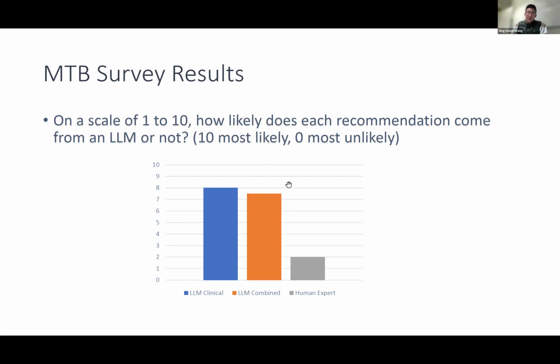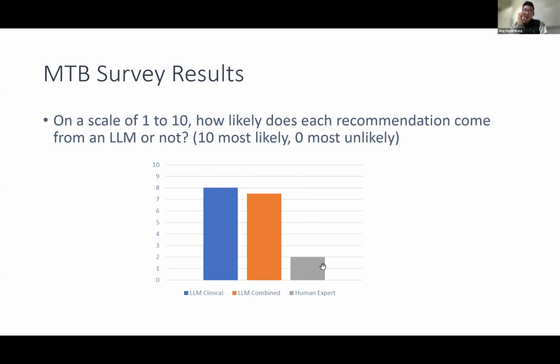Both LLM options were weighted quite high, with a median of 8 and 0.5 to come from a large language model, which is already quite sensible. So again, the humans were quite exact in placing the LLM treatment options higher than the human expert options.